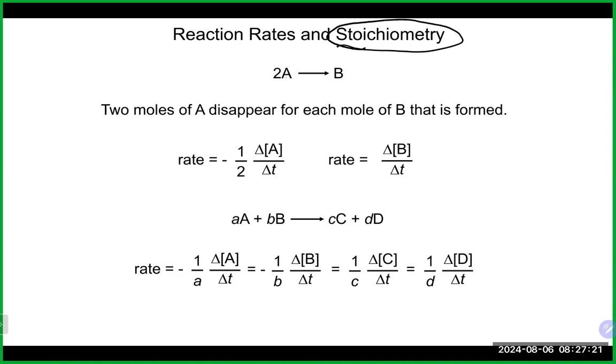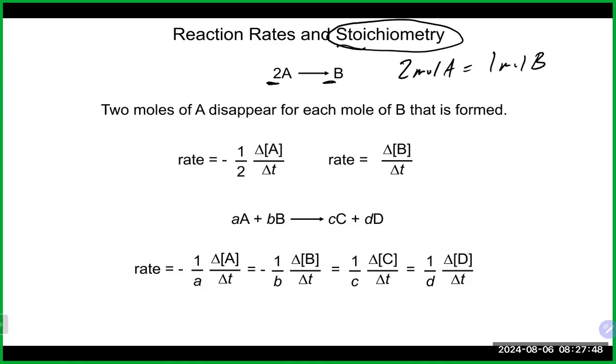As we know from this equation, for every 2 moles of A, we get 1 mole of B that is produced in this particular case. And you do need to take that into account in terms of the stoichiometry of this reaction and the kinetics to get the correct answer based on that mole-to-mole relationship.